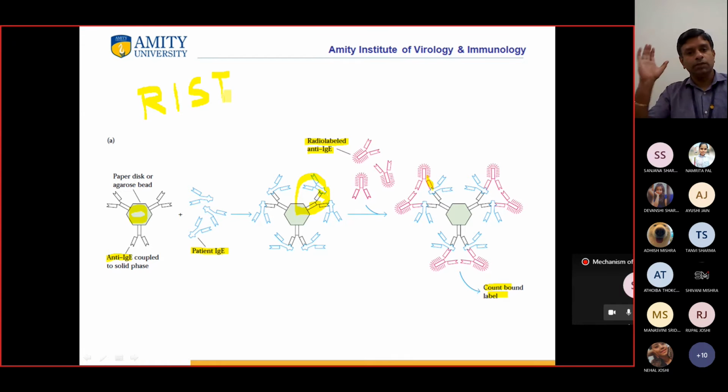Okay. Now students, IgE level पता लग गया, right? But again इसमें एक छोटी सी problem है. The problem is I get to know that yes I am allergic. Okay, क्योंकि मेरे IgE levels बढ़े हुए हैं. But there can be a problem. मे बी मेरे को एलर्जी हो ही ना, मेरे में कोई पैरासाइट घुसा हो, because you know IgE का रोल क्या होता है?